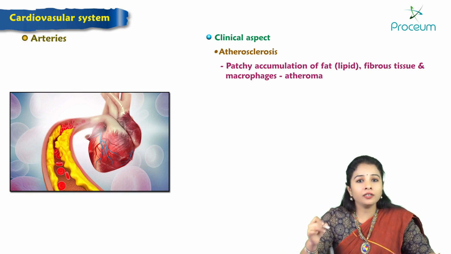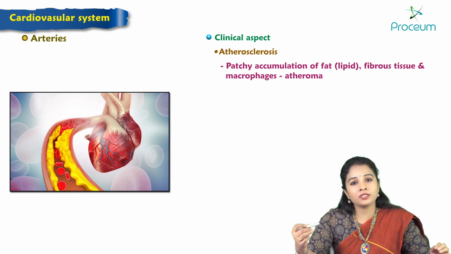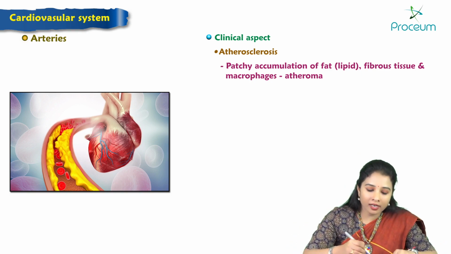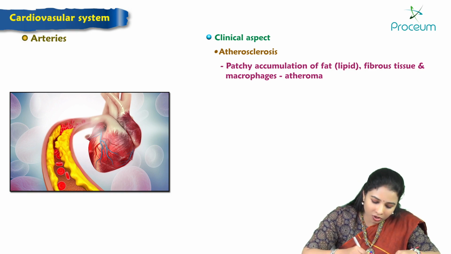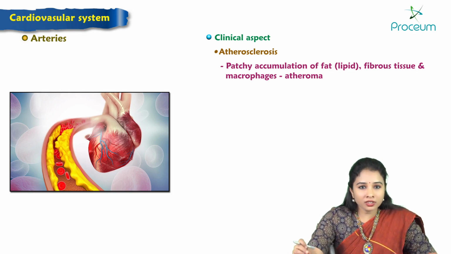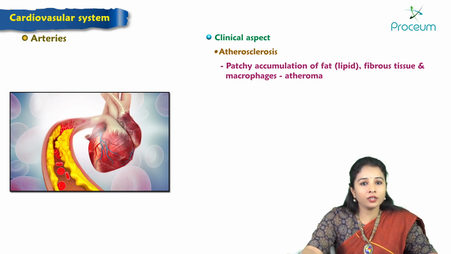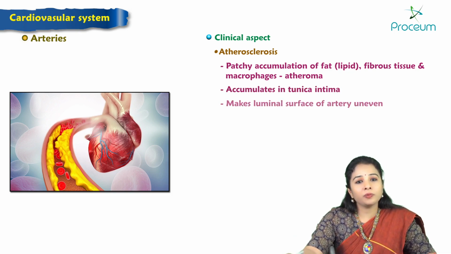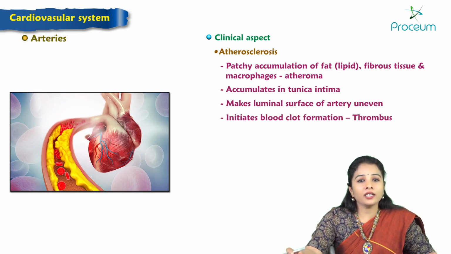Internally, the blood vessel inside the tunica intima is lined by this patchy accumulation. This accumulation is called atheroma, which is present in the tunica intima and makes the luminal surface of the artery uneven, and that can initiate the formation of a blood clot.